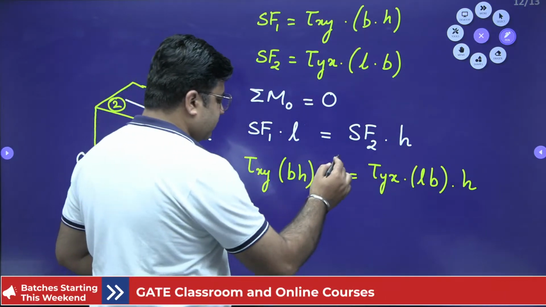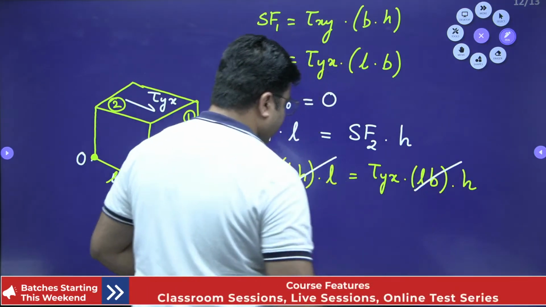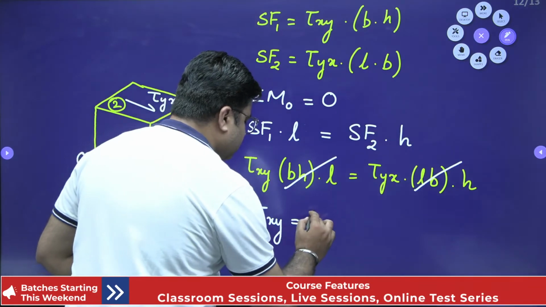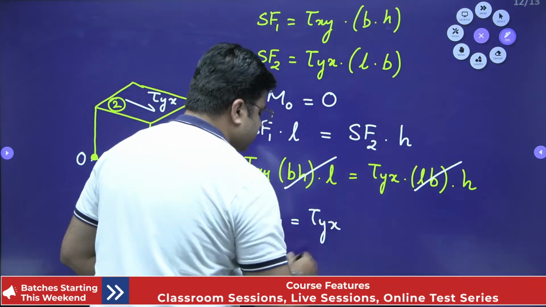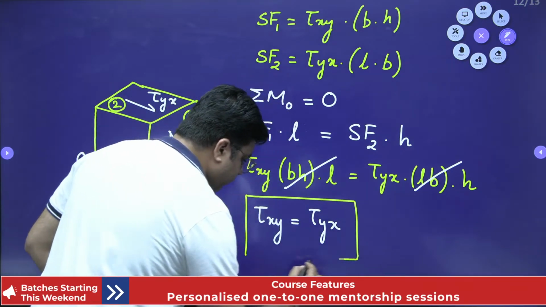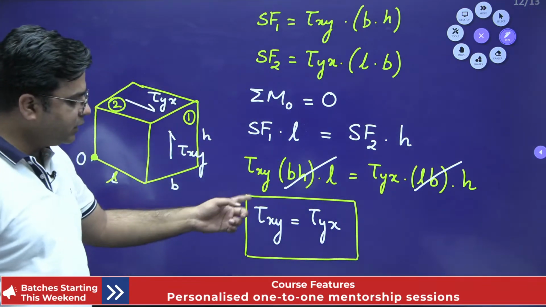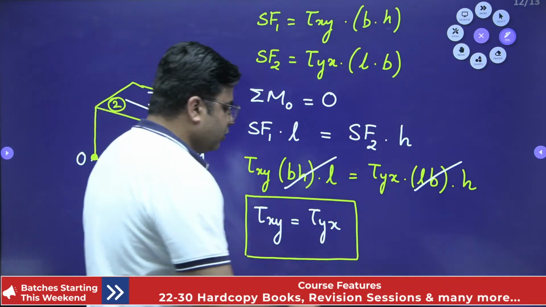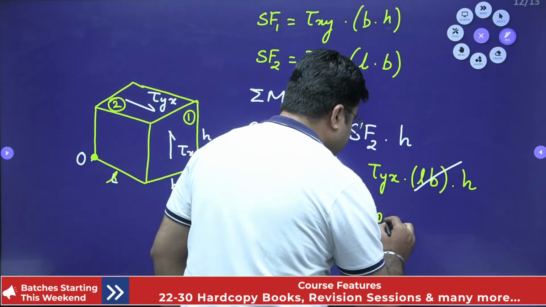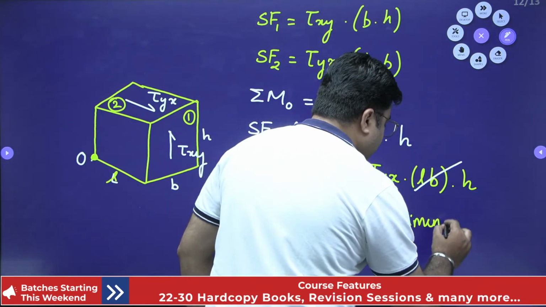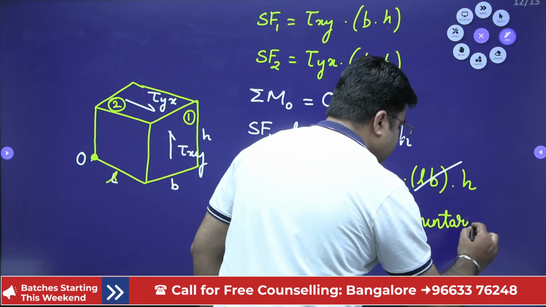So these three terms are going to cancel out and you have tau xy equal to tau yx. So every time a shear stress comes over a plane, it will be associated with a complementary shear stress. These are known as complementary shear stresses.